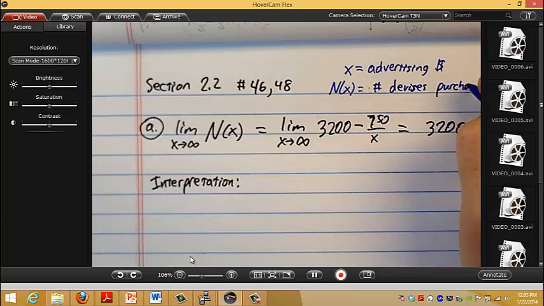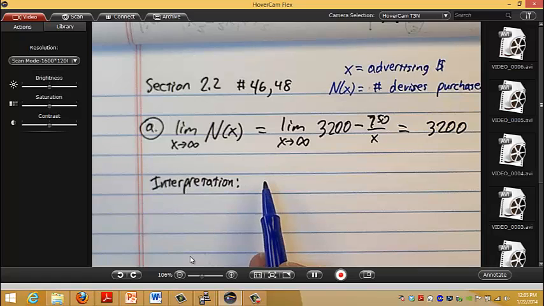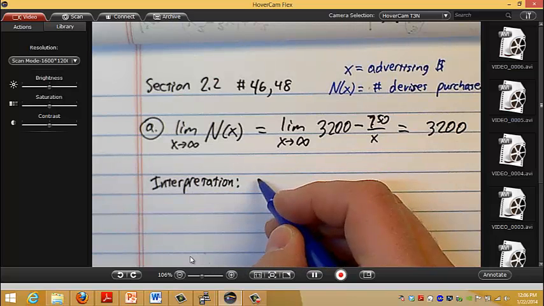And so how do you interpret this? Well, the limit as advertising goes to infinity. In other words, you go ahead and buy a Super Bowl commercial, right? You could spend as much money as you want. What'll happen? Yeah? The number of devices purchased will approach 3,200.